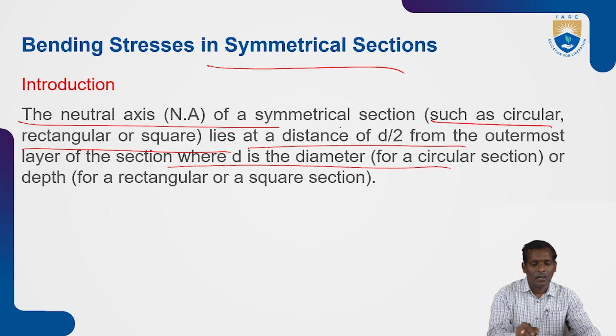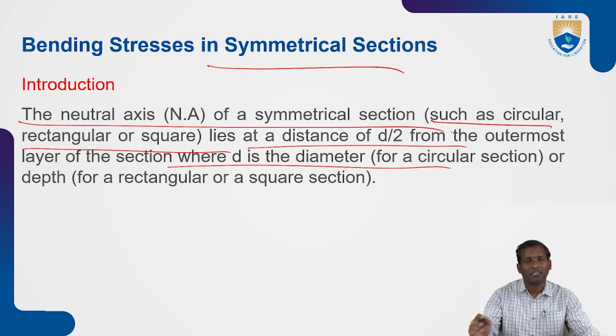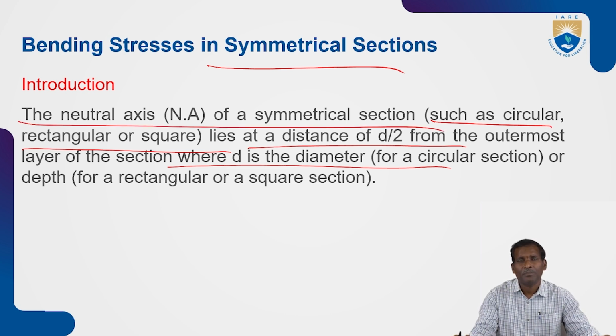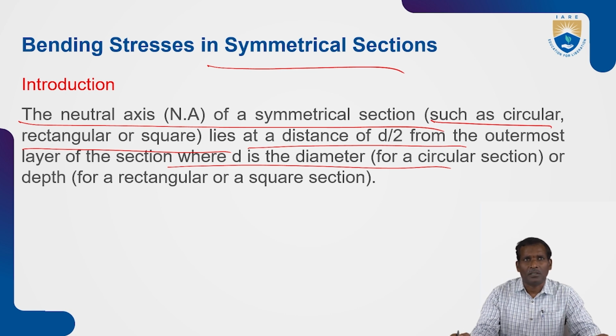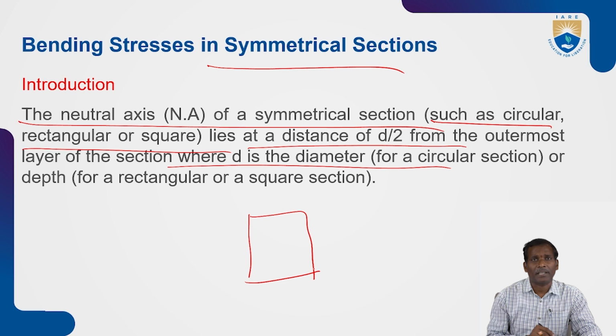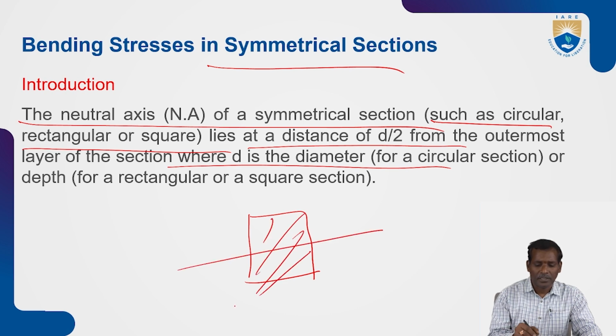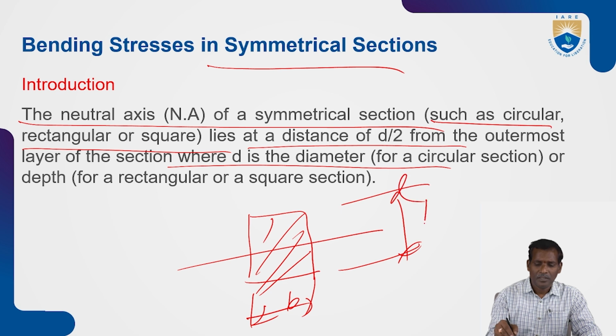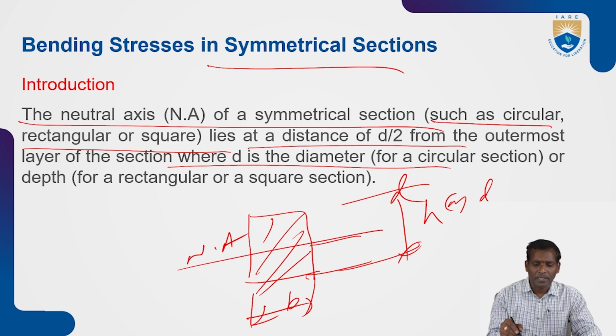Already we have seen this point in the topic of position of neutral axis. Suppose you take this rectangular section, with the width and the depth h or d. This is the neutral axis, the neutral layer, which lies at a distance y.